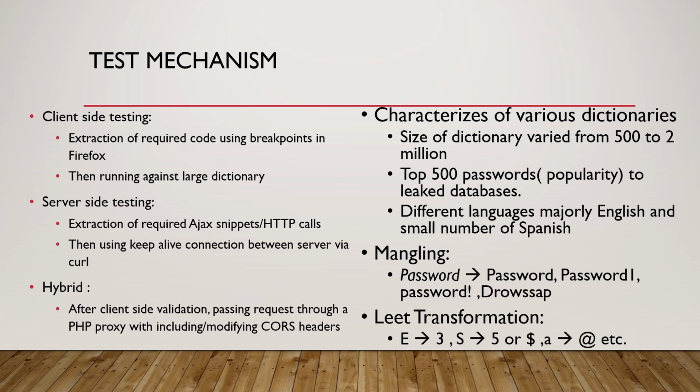So what the authors did was they tried to run the given password in the specific client side, and then force the client to go through a PHP proxy which usually modifies or adds the CORS header to make the request acceptable to a server side. That way, the server does not deny or blacklist the IP the users are trying.